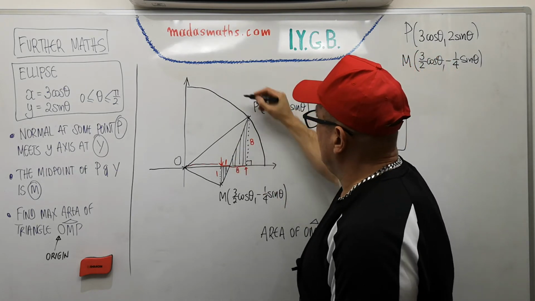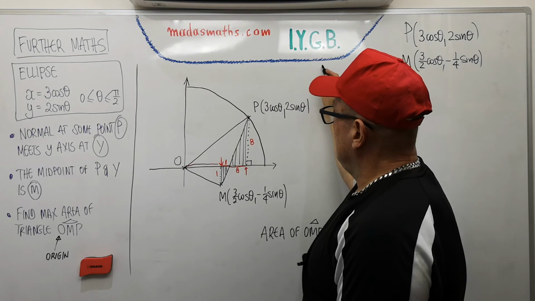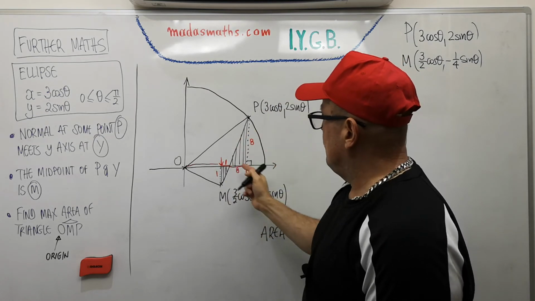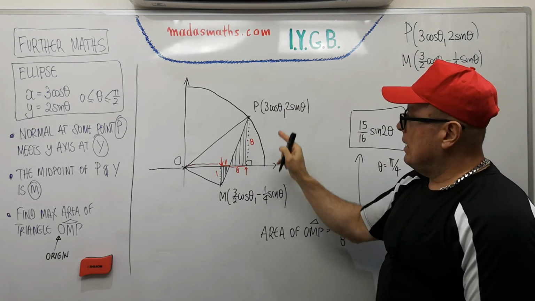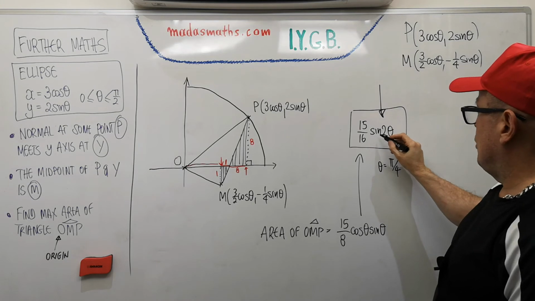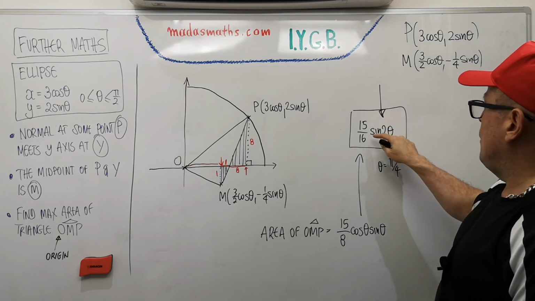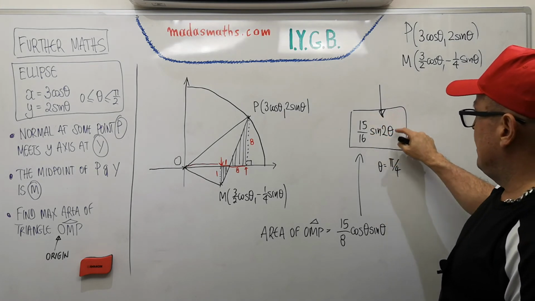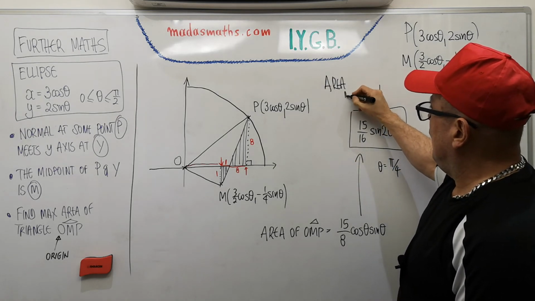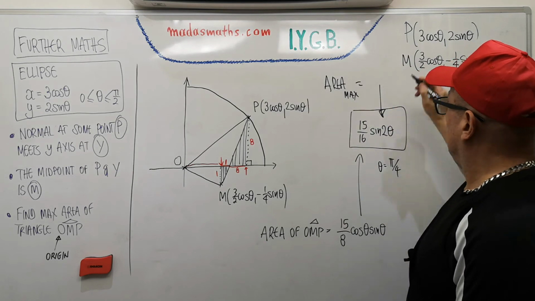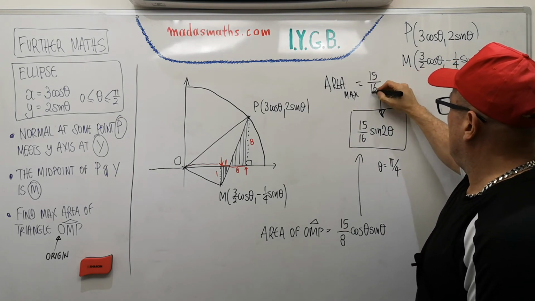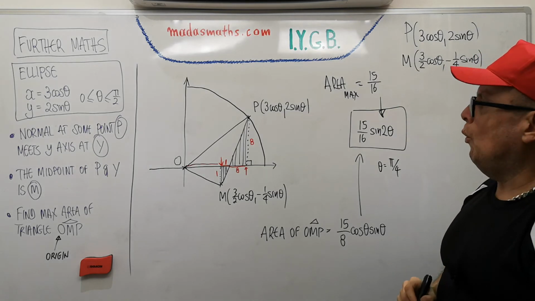And we took your tangent, your normal, it's not going through the origin, it's not very badly drawn. When theta becomes pi over 4, sine of 2 theta will become 1, and therefore area max is 15/16, and that's all there is to it. I hope I'm explaining this well and you're following.